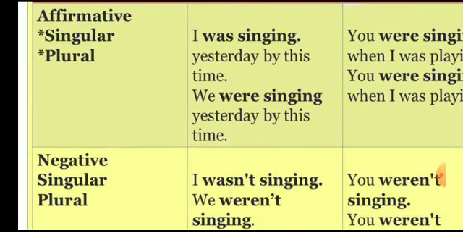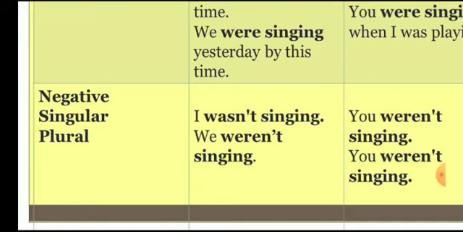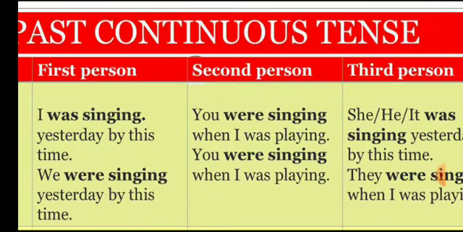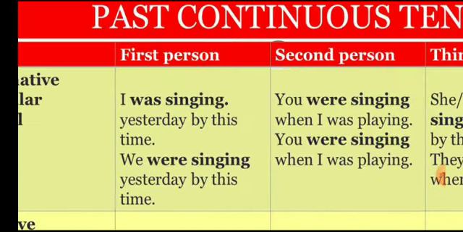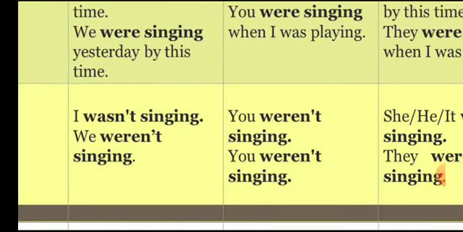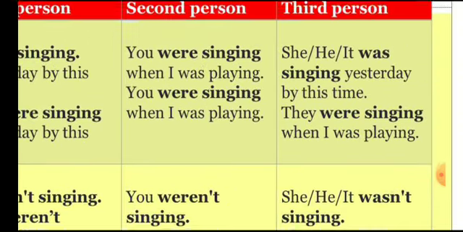First person negative, in the case of singular, I wasn't singing. And in the case of plural, we weren't singing. In the case of second person singular, you weren't singing. And second person plural, you weren't singing.